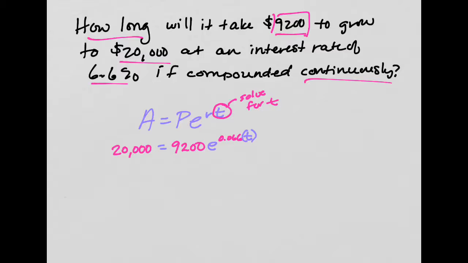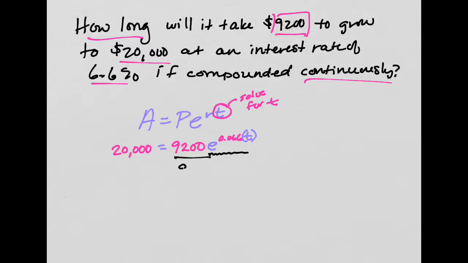Okay, and once we get to the point where we have the formula, most of these problems, whether you're solving for t or whether you're solving for r, the rate, they all work the exact same way. So we need to isolate the exponential expression in order to isolate the actual exponent, the variable, in order to be able to log both sides.